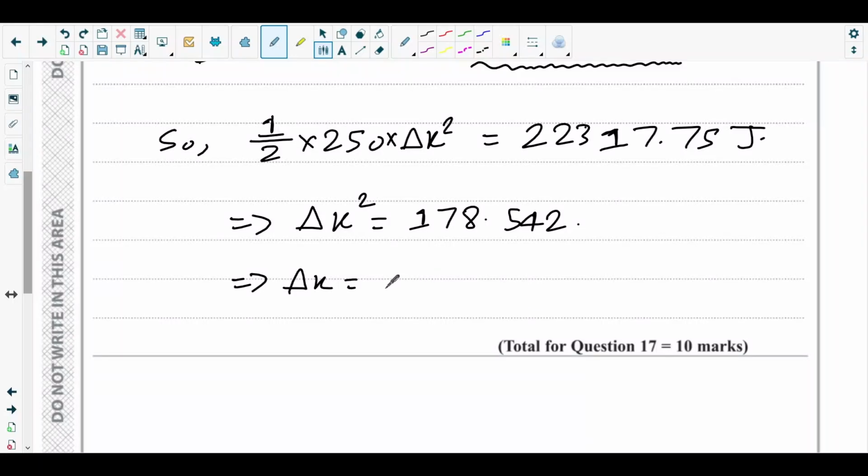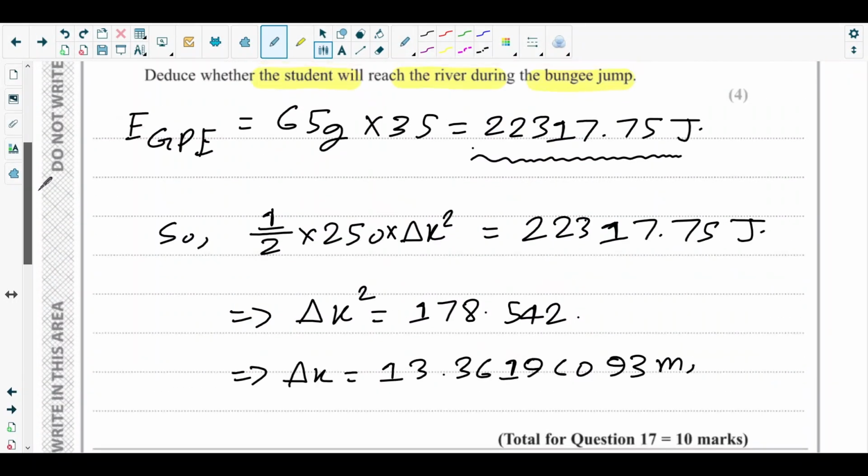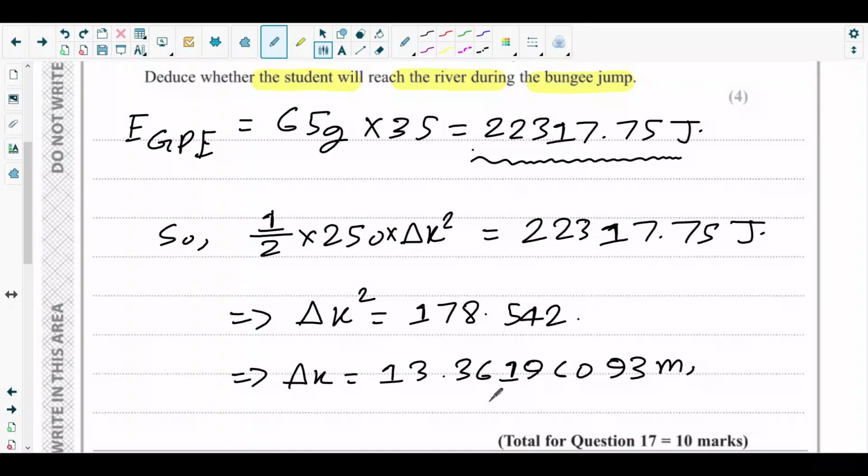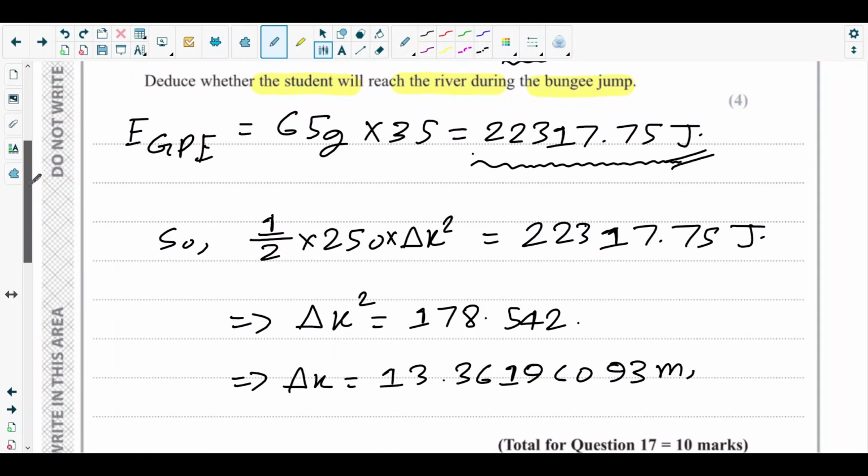That would give you 13.36 something meter. So if the rope extends by this amount of length, then 22,317.75 joule of energy will get stored as elastic strain energy within the extended rope.